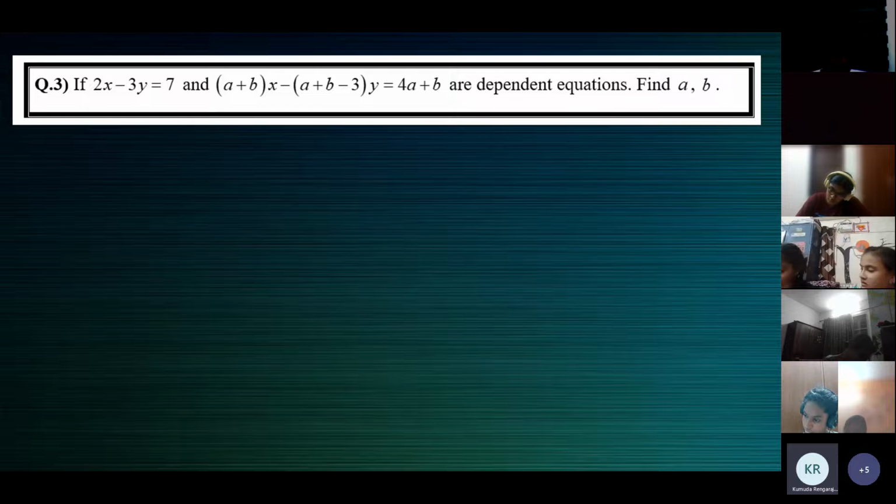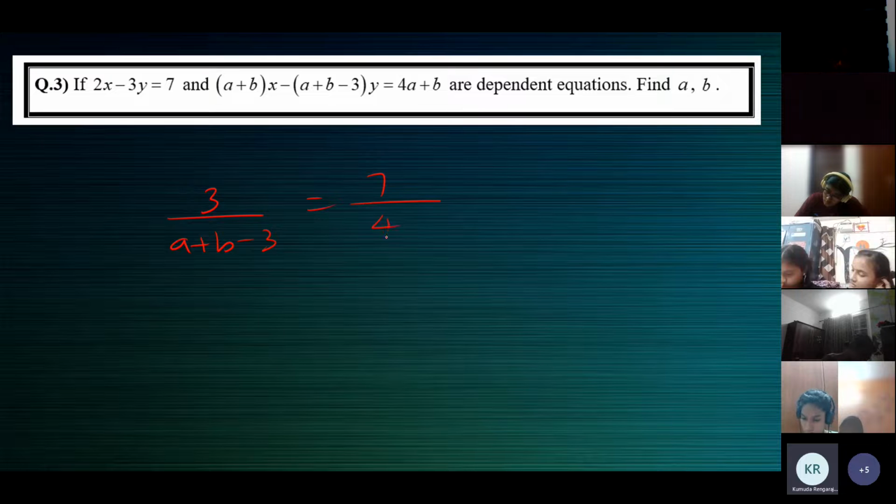Okay, you've equated some other two equations, so you're getting a different one. What is that? 5A minus 4B plus 21 is equal to 0. Okay, fine. That is, you have equated 3 by A plus B minus 3 and 7 by 4A plus B. I didn't equate these two.